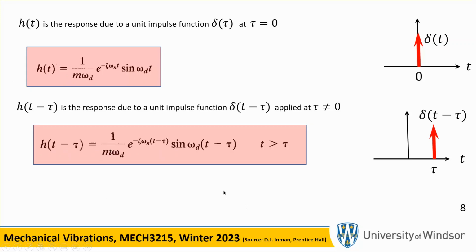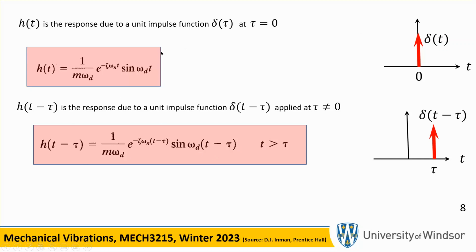So there we are, okay? Now notice it says for t bigger than tau, because for t less than tau, nothing was happening. There was nothing hitting that block. But for t bigger than tau, there's the solution.